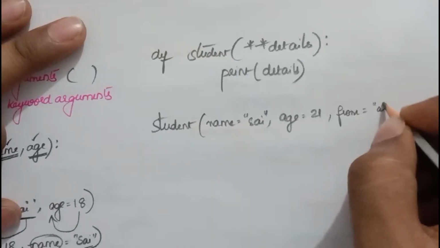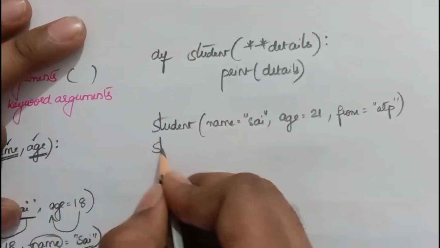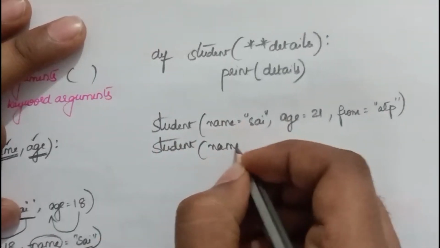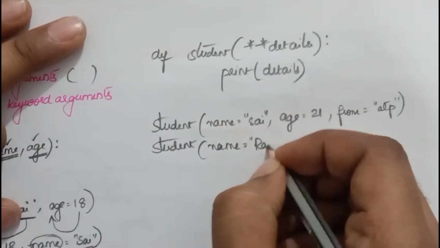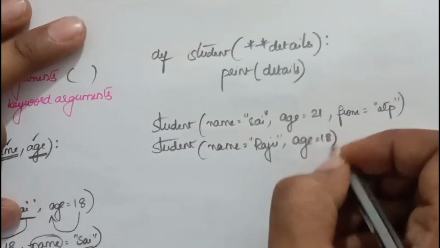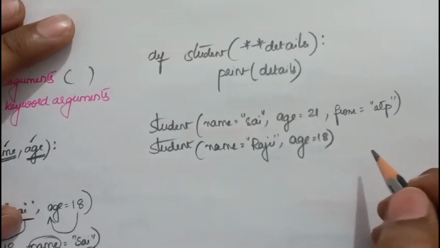Let's say he is from Anantapur, ATP in short. And in a similar way, a new student with name equals Raju, age is 18. He does not want to disclose his native place.